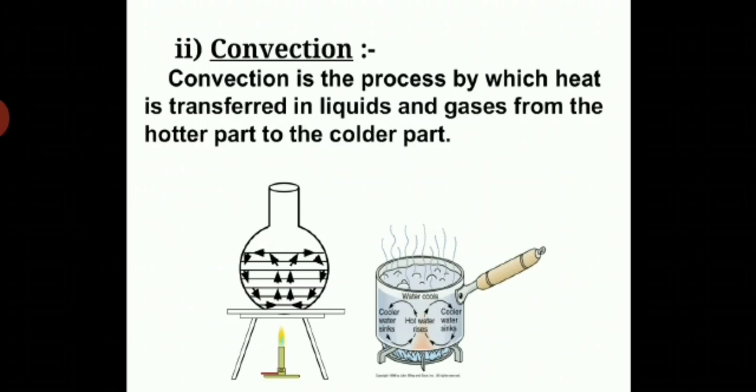What is convection? Convection is heat transfer by mass motion of a fluid such as air or water when the heated fluid is caused to move from the source of heat, carrying energy with it. Convection above a hot surface occurs because hot air expands, becomes less dense and rises.